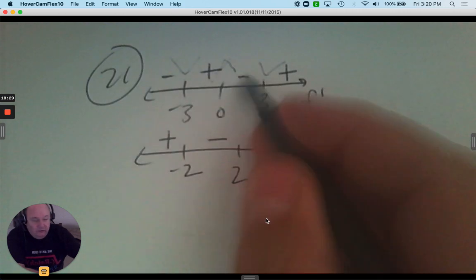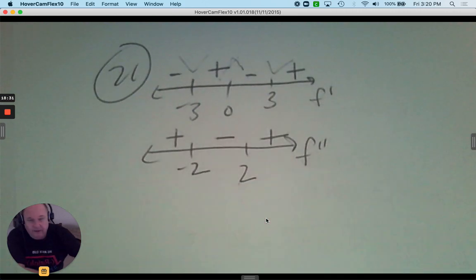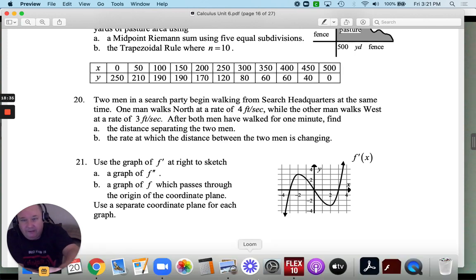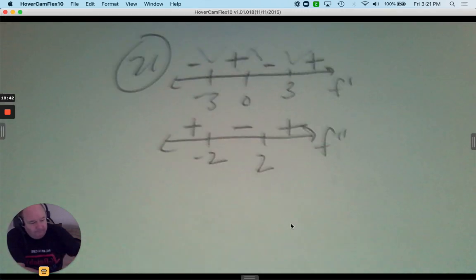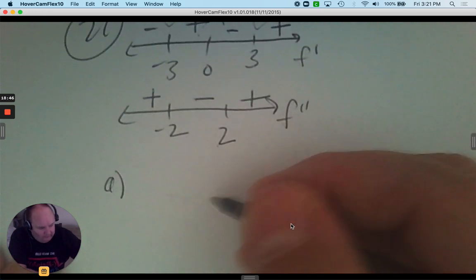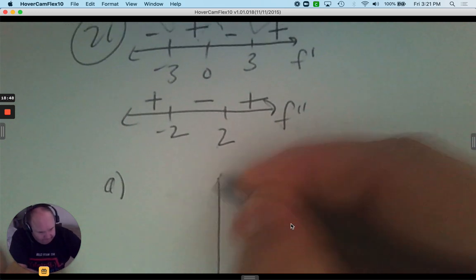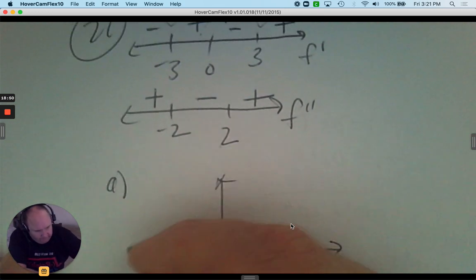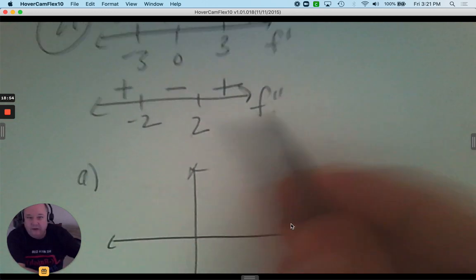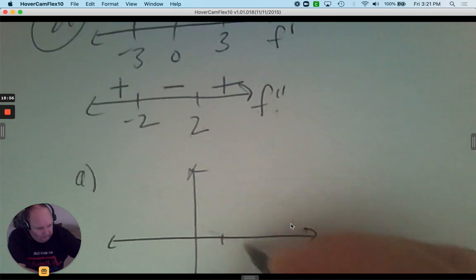And so I'm going to use these to graph. So part A says to graph the second derivative. So I'm going to do that. Using the second derivative, I need to at least count to 2 and -2.